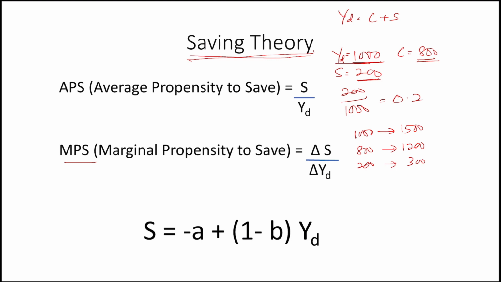Right, so here, to get the MPS, you calculate the change in S. The change in S from 200 to 300 is 100, divided by the difference in their income, which is 500, meaning that is 0.2.